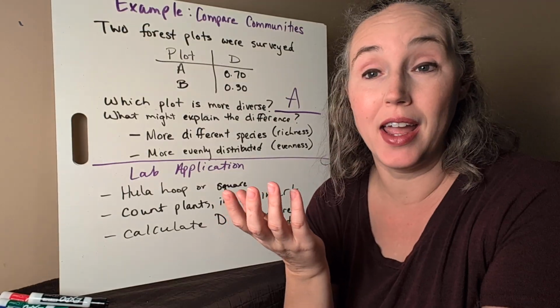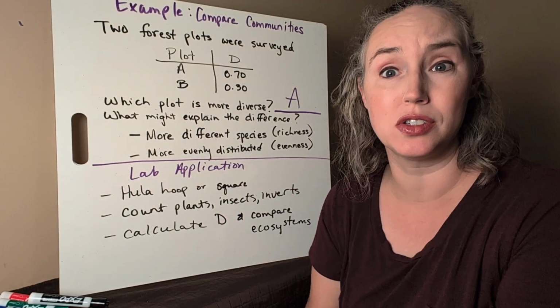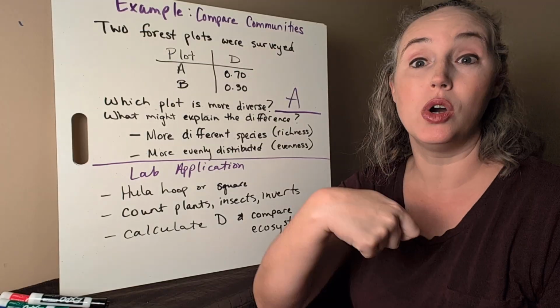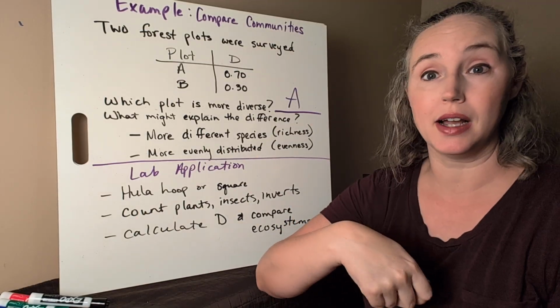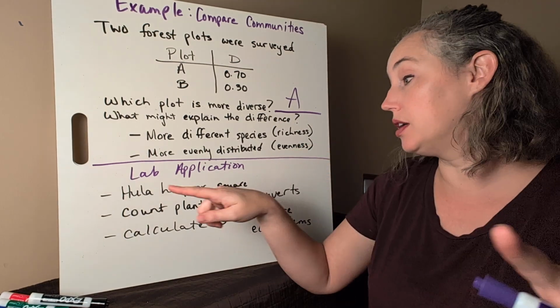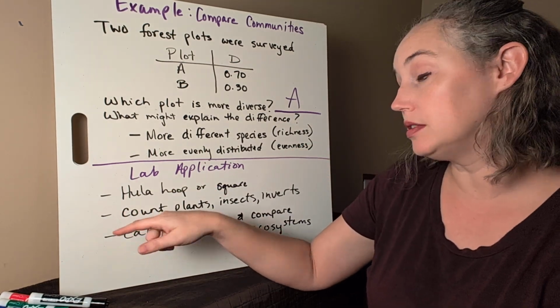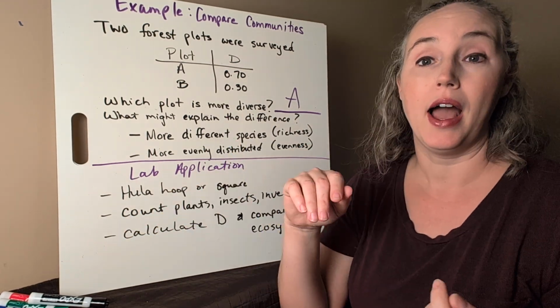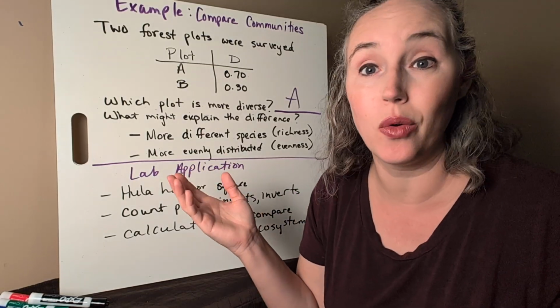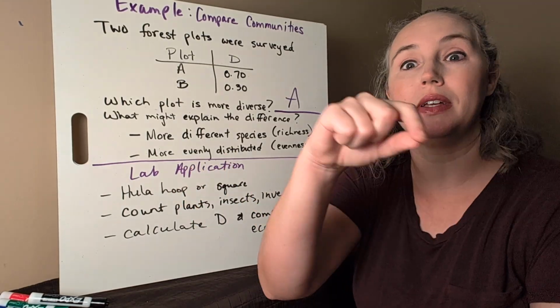Now, if you're a teacher or you're just a student and you want to practice, a simple lab would be to take a hula hoop or a square outside and just throw it on the lawn, and you could count in that small area how many different plants there are, which is easy because they don't run away, and how many of each type.